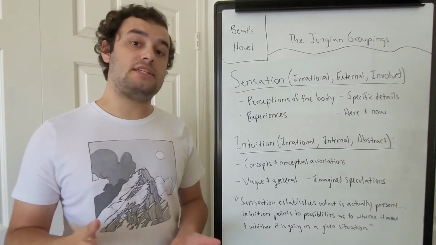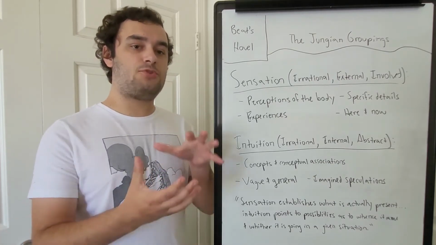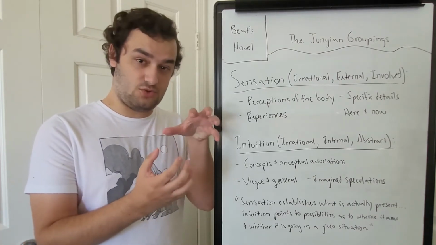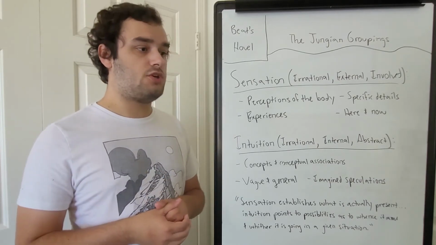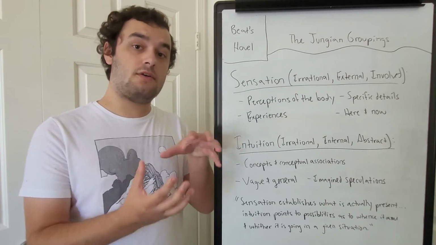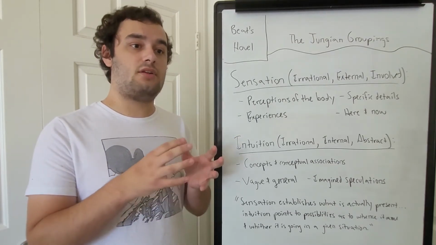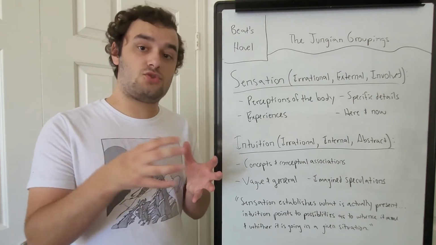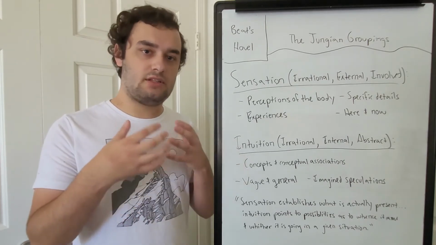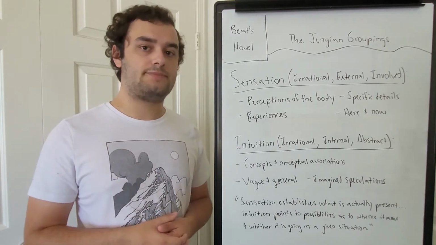That's another key detail that Jung points out here, that intuition is abstracted off of our sensory experiences. Our sensation is often a building block for our intuition, and vice versa. Intuition can actually cause us or motivate us to engage in particular sensory experiences. So there's an interplay there, for sure.